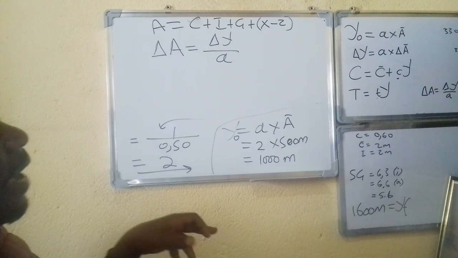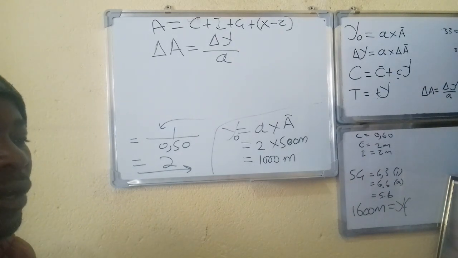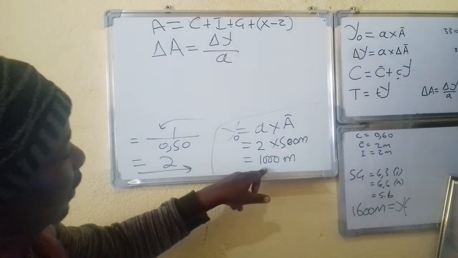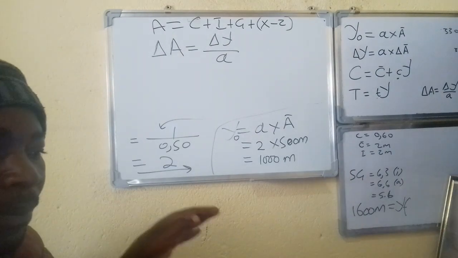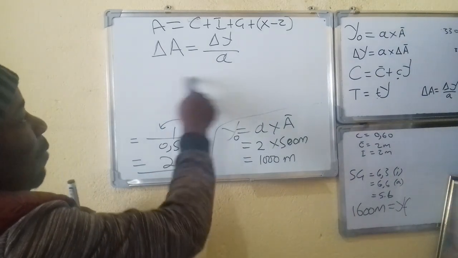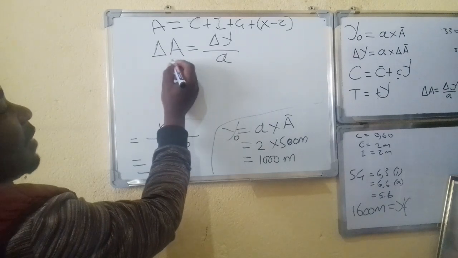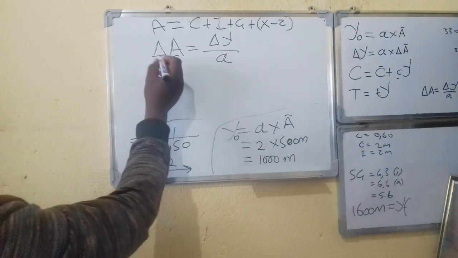Now, they are saying by how much government spending should increase in order to move from equilibrium level of income to full employment, or to cover that gap. How much government spending is needed. So I said this is the formula. The formula is a change in aggregate expenditure or a change in government expenditure. It's up to you which one you're going to use.